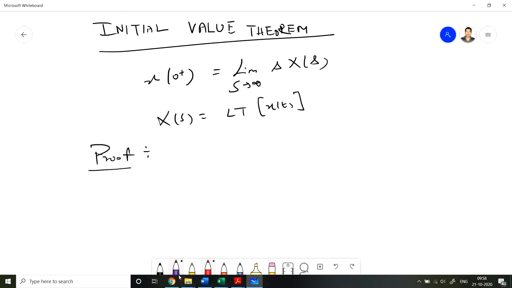Before the proof of the initial value theorem, let us discuss the property of differentiation in time domain, because we are going to use this property for finding the initial value.